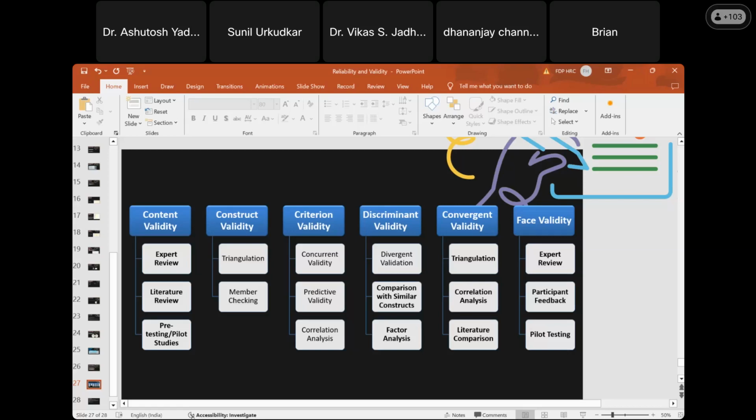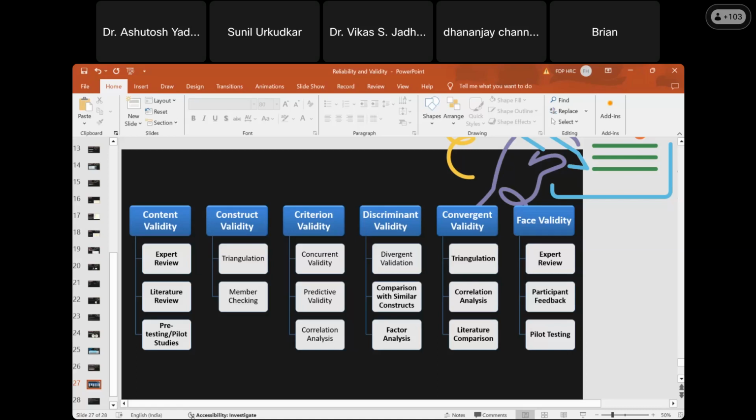You calculate the reliability statistics: the Cronbach alpha, the Spearman-Brown split-half coefficient, the Guttman split-half coefficient, and then you take feedback from the respondents as to what might be confusing for them. Then you revise your questionnaire and measurement scale, and then you go for full-fledged data collection. Okay, so that is what is known as a pilot study.